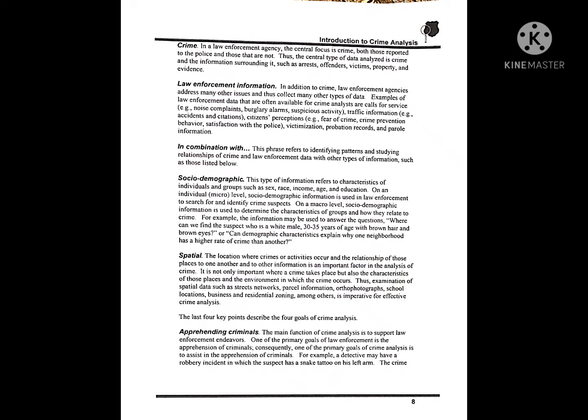Next is law enforcement information. In addition to crime, law enforcement agencies address many other issues and thus collect many other types of data. So, examples of law enforcement data that are often available for crime analysis are calls for service. Example, the noise complaints, burglary alarms, suspicious activity. So, sa traffic information naman, ang palaging nangyayari is accidents and citations.